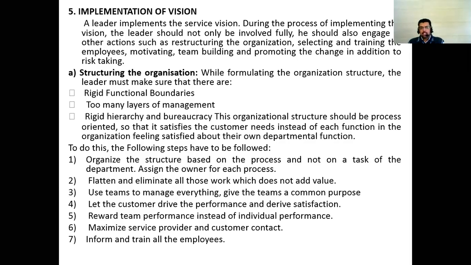A leader implements the service vision. During the process of implementing the vision, the leader should not only be fully involved, but should also engage in other actions such as restructuring the organization, selecting and training the employees, motivating, team building, and promoting change, in addition to risk taking.